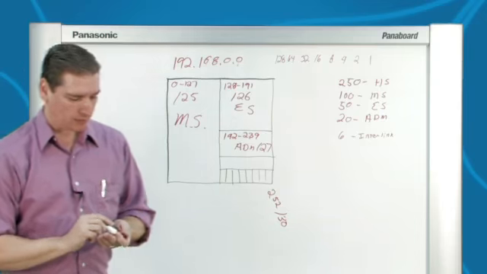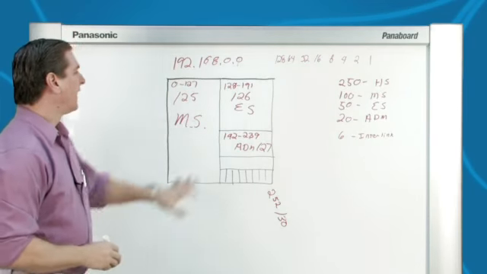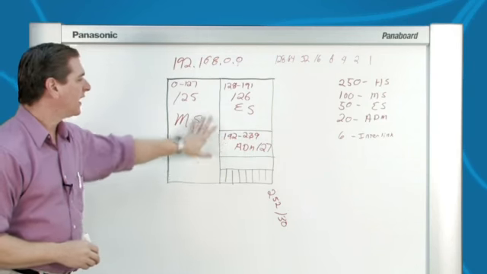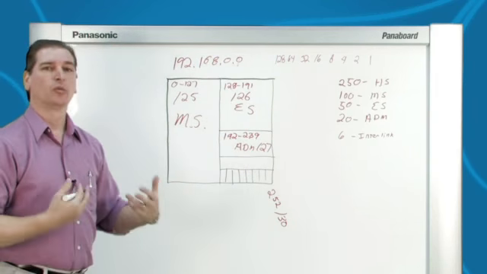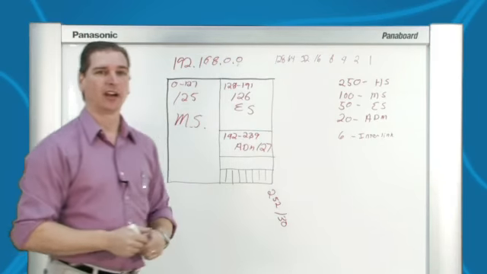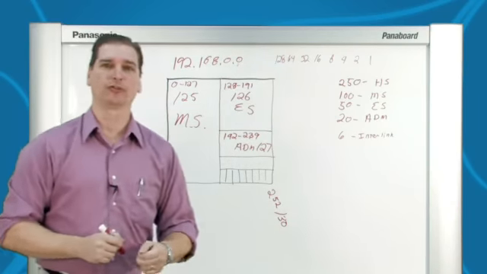Now, we've looked at the VLSM. We've worked the bits in order to get our subnet masks, and we've allocated our space. We don't have the job done yet. We still need to deal with our high school, okay? Our high school requires 250 hosts out there.